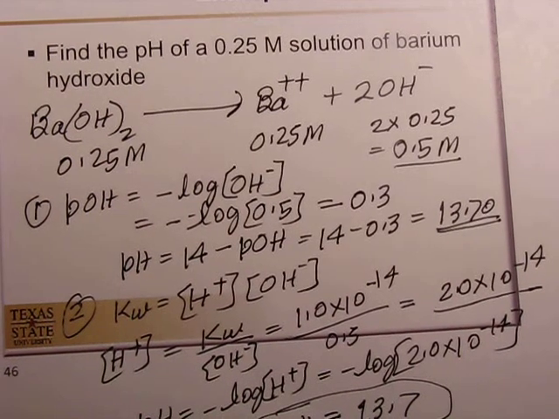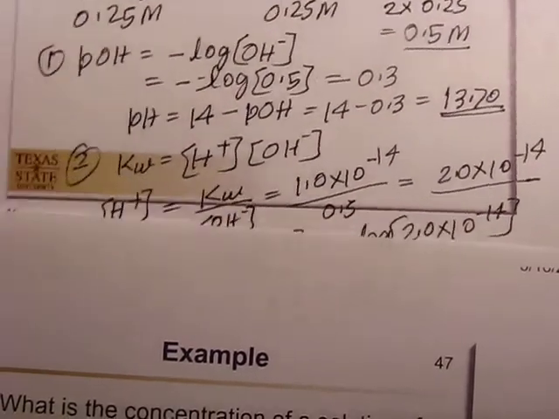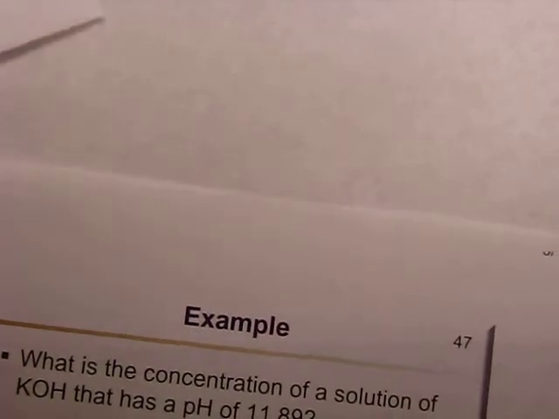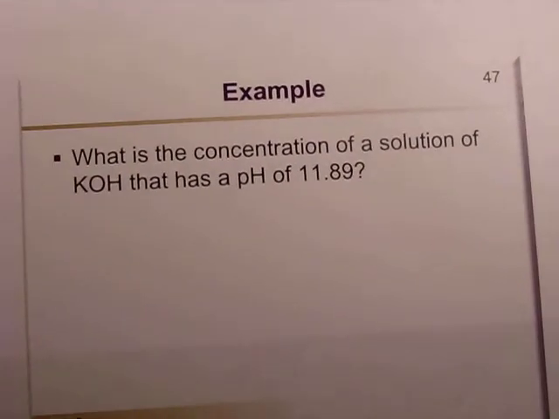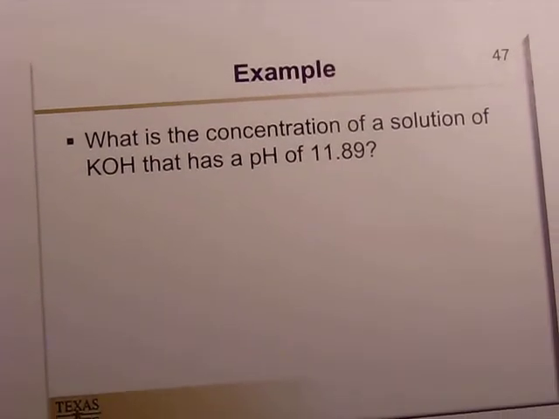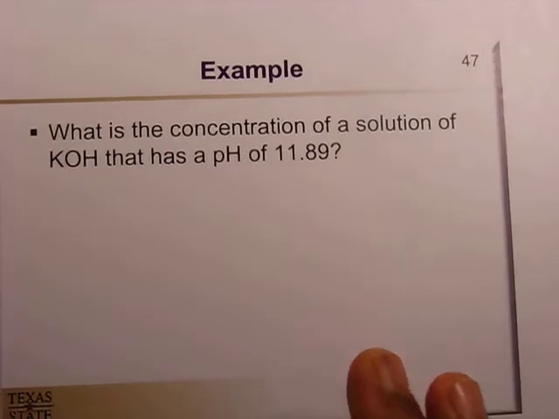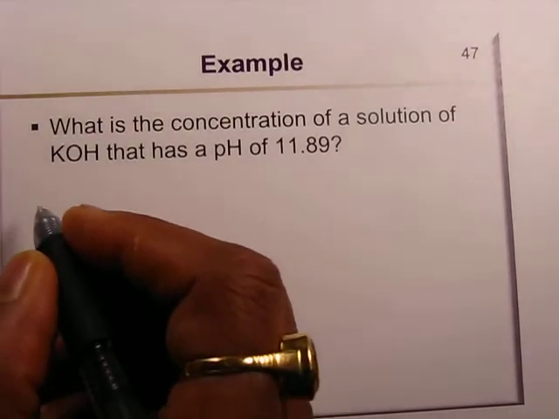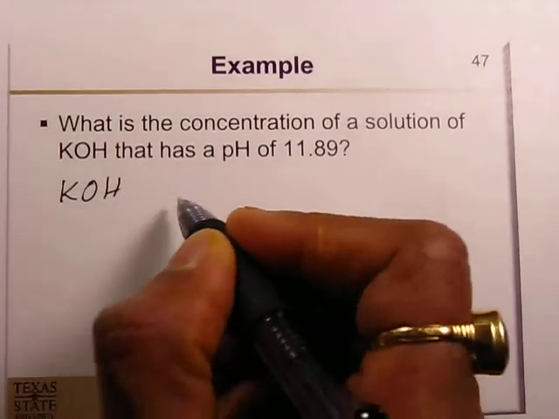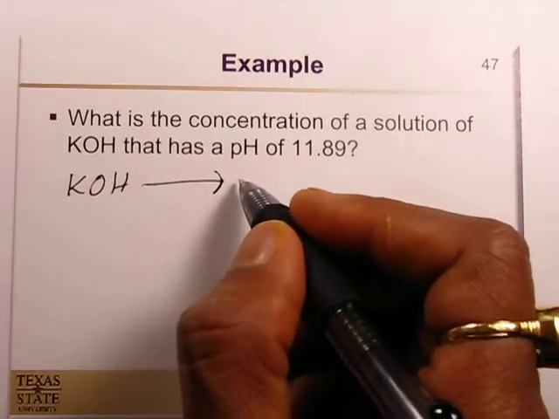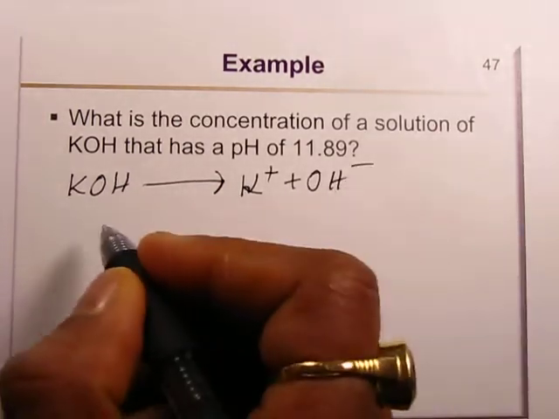And there is one more question regarding strong acid and strong base. What is the concentration of a solution of KOH that has a pH of 11.89? So very easy. KOH is a first group element, it will give K plus and OH minus.